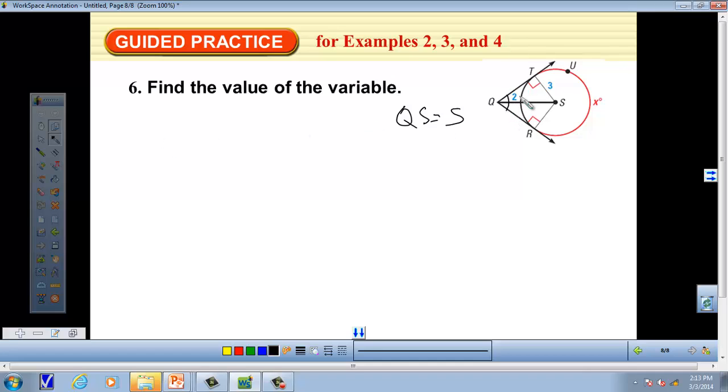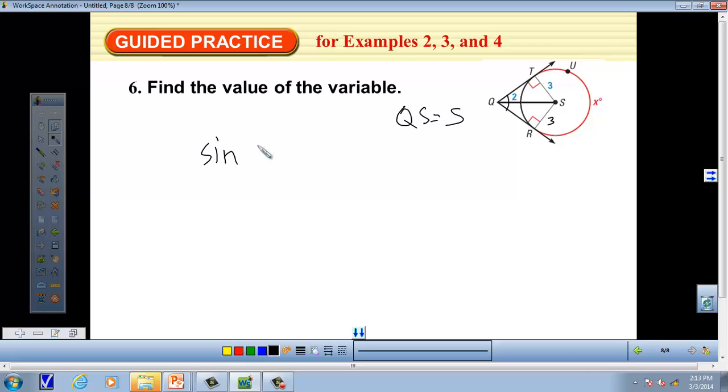So again, since I know that by hypotenuse leg this is 5 and that's 3 and that's 3, because they're both radii, I'm going to do sine again. In this case, I want to know what this angle is.